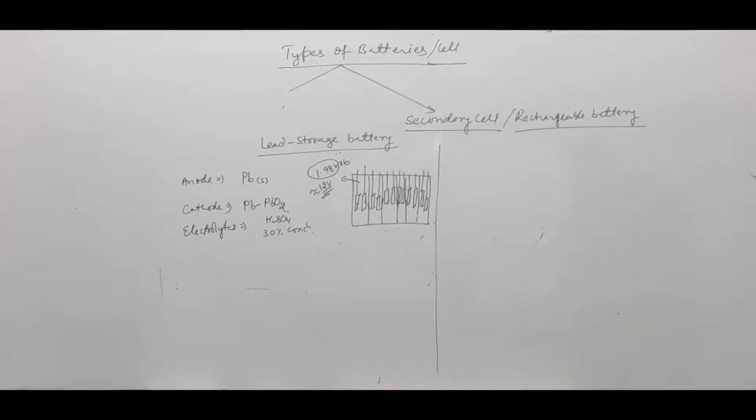In the lead storage battery, the anode is made up of spongy lead rod. The cathode is made up of lead rod coated with lead oxide.